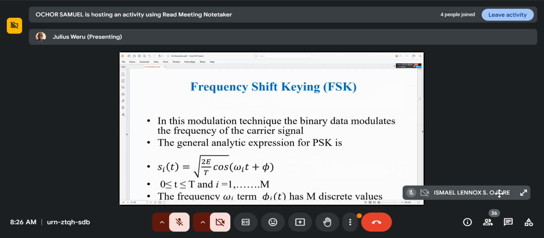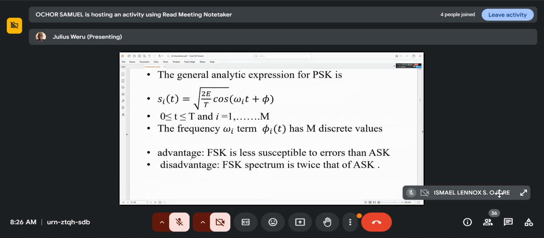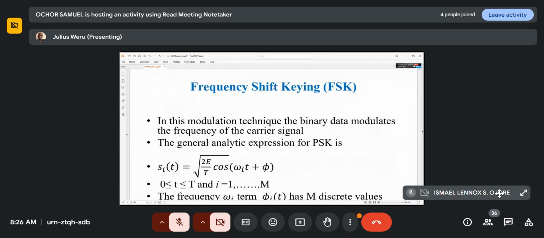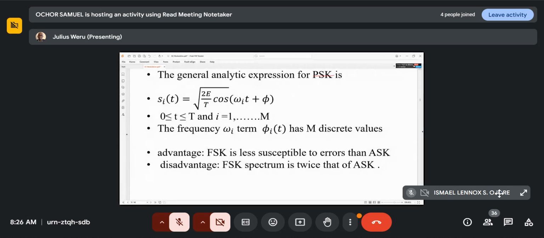FSK, this is just like before. This is the analytical expression for FSK. In this case, this is a varying quantity. This is a quantity you are going to change, ωi.